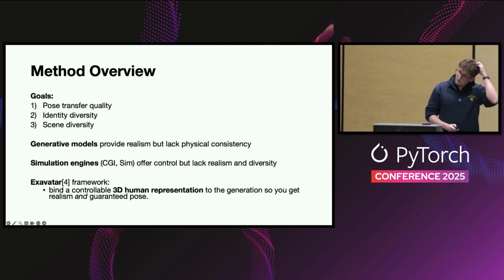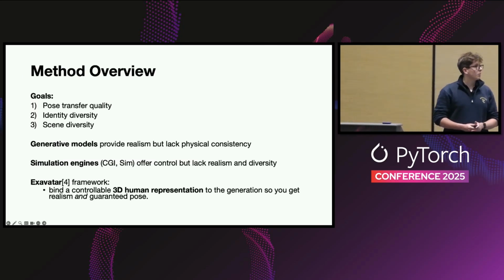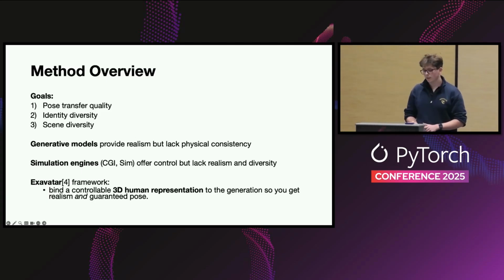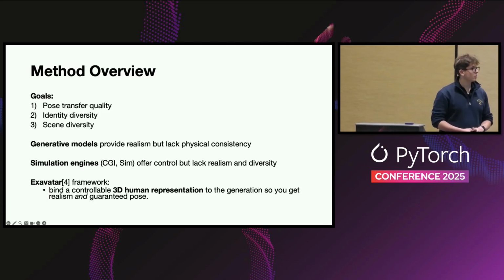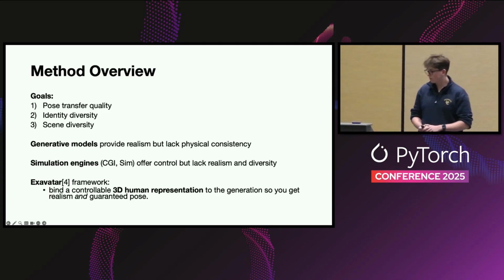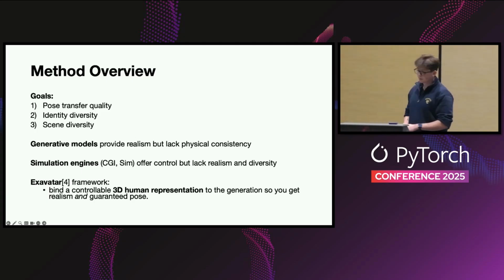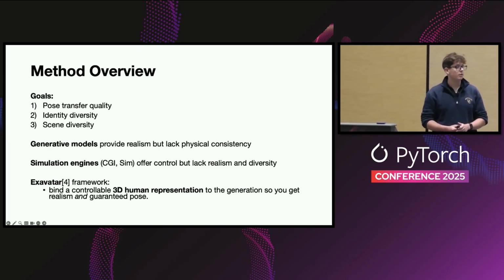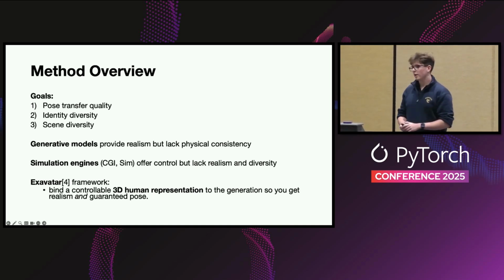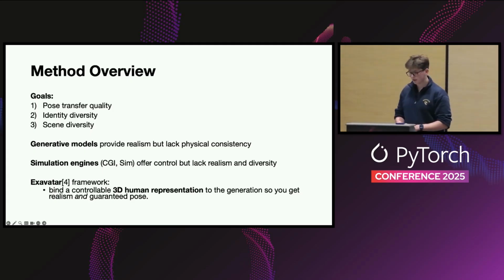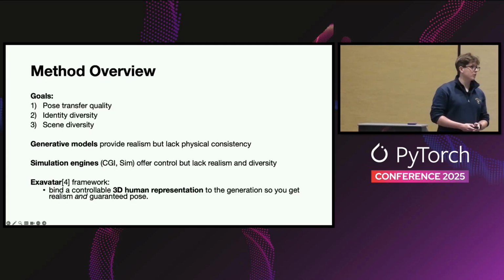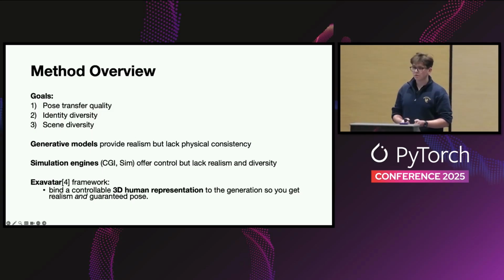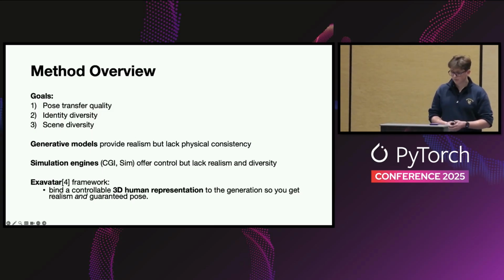So what is the main goal of the method for synthetic data? We want pose-transfer quality, which using our human eval, we found that XAvatar is currently the state-of-the-art for pose transfer. Then we want identity diversity, which is as many identities as we can, so the model can generalize to different ethnic groups, etc. And then scene diversity, which is backgrounds, because all the datasets are recorded in the same room, basically.